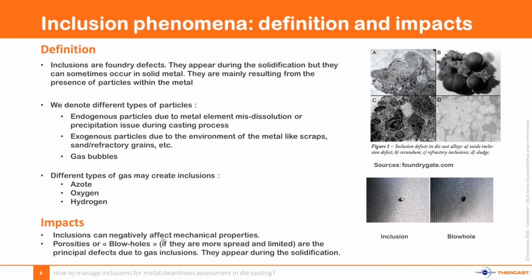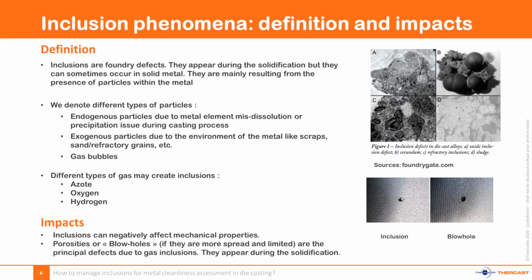We have different types of particles: exogenous particles due to metal element mis-dissolution or precipitation issues during the casting process; exogenous particles due to the environment of the metal, like scraps, sand or refractory grains, etc.; and gas bubbles. We can also denote different types of gas that may create inclusions: nitrogen, oxygen, hydrogen.